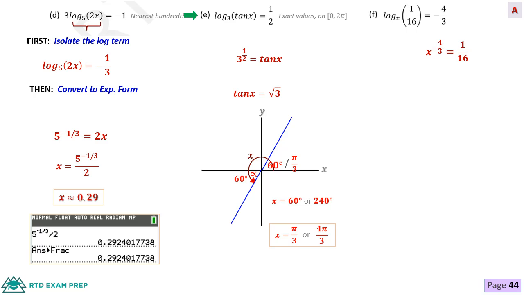What do I do to negative 4/3 to make it become positive 1? Well, my easiest option is to multiply it by its reciprocal, negative 3/4. So I need to raise both sides to the same power of negative 3/4. On the right side, I now have to evaluate 1/16 to the negative 3/4.